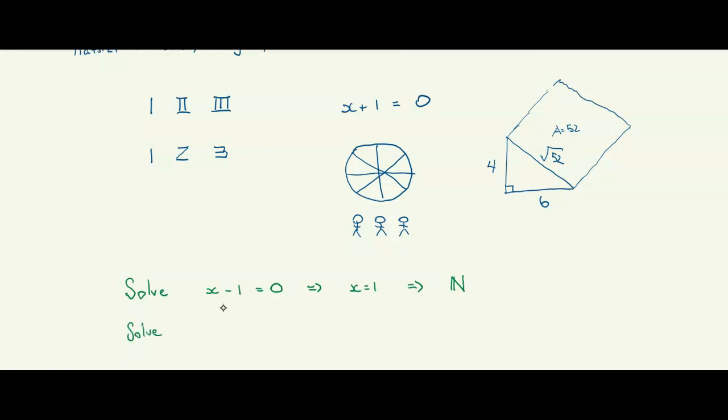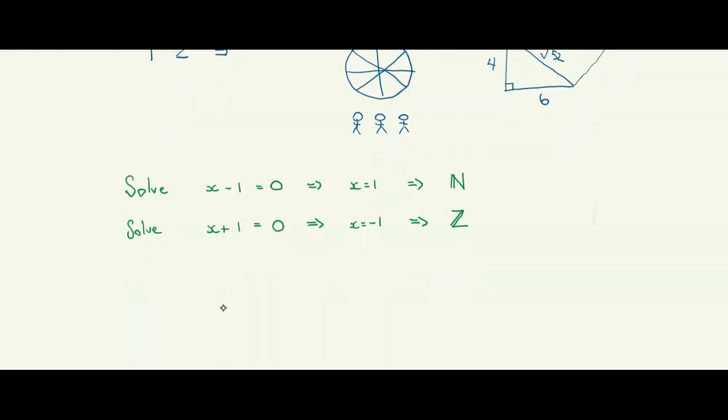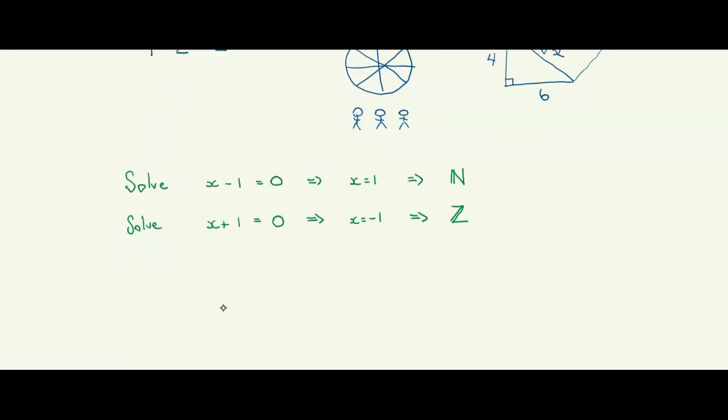But then, occasionally we have a situation where we alter our operation to addition, and now we've got -1 as a solution, so we need a new number system to deal with that, and we call that the set of integers. Z standing for Zahl, Z-A-H-L, I think, meaning number in German. That's the German word for number. So Z is our integer.